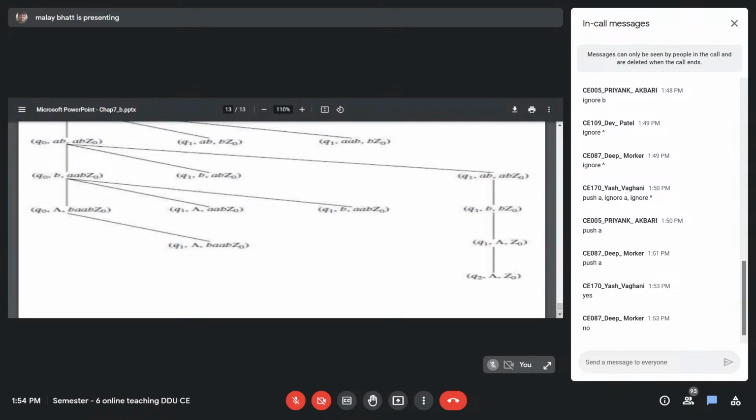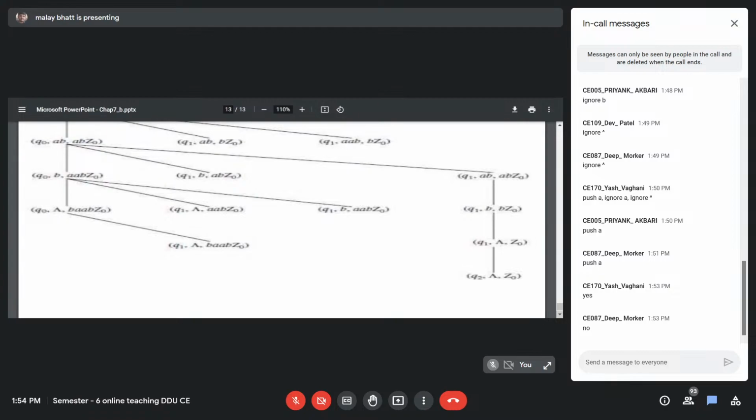So Q1 AA, it is a pop operation. So we'll get Q1 B and B. Again, it is a pop operation. So we'll get Q1 null Z0, the rightmost branch. Q1 null Z0 will give us Q2 null Z0, and it will succeed.